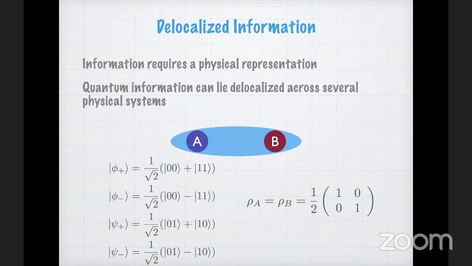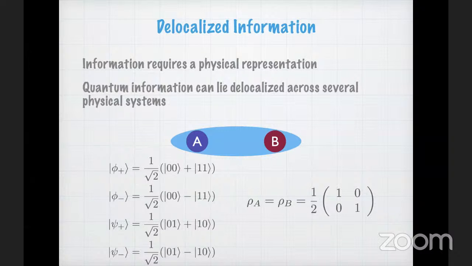And if you try to interrogate any of the subsystems, you essentially get no information about the overall state, because whatever you do on the subsystem, you end up measuring them in a completely mixed state. So you say that the information about the quantum state lies neither on subsystem A nor on subsystem B, but across the two.